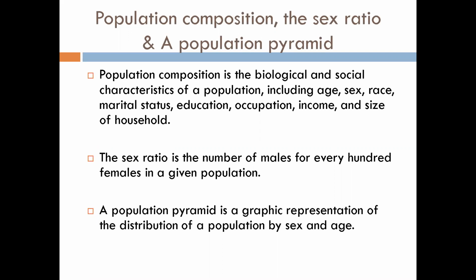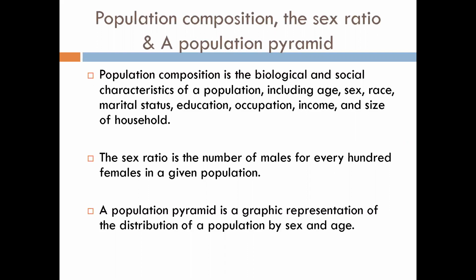Why? Biologically, males are weaker than females. The death at the first year and the death in the old ages in males are higher than females. Men will die sooner than women.